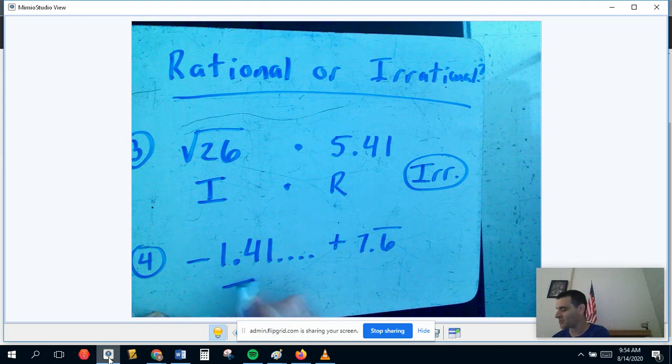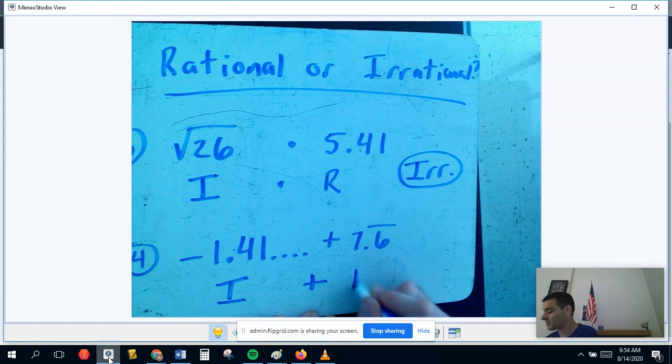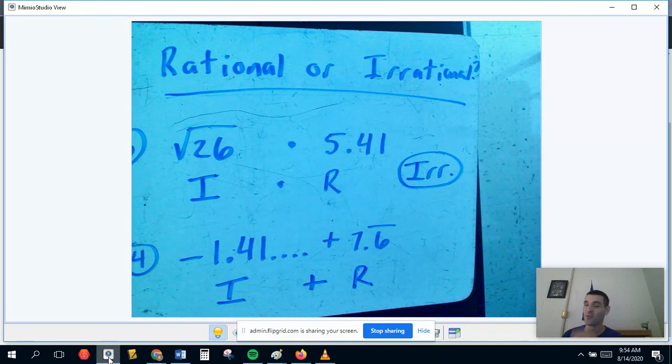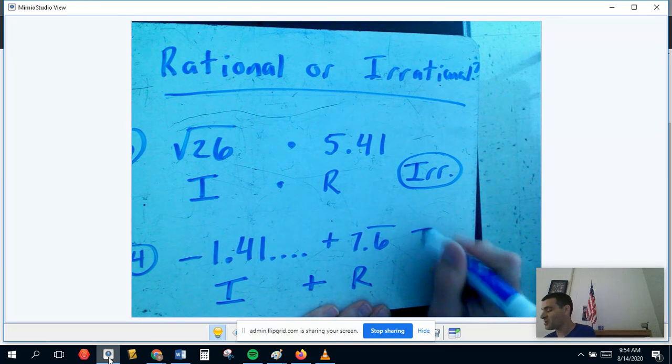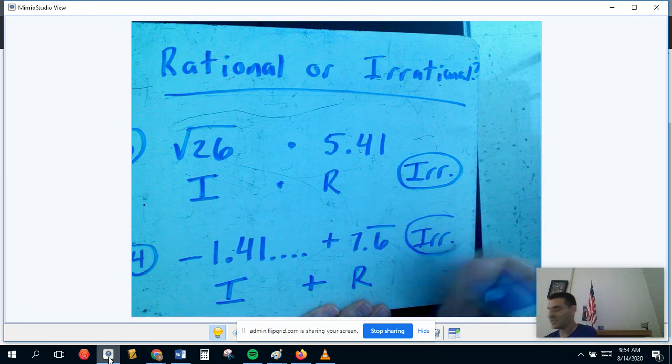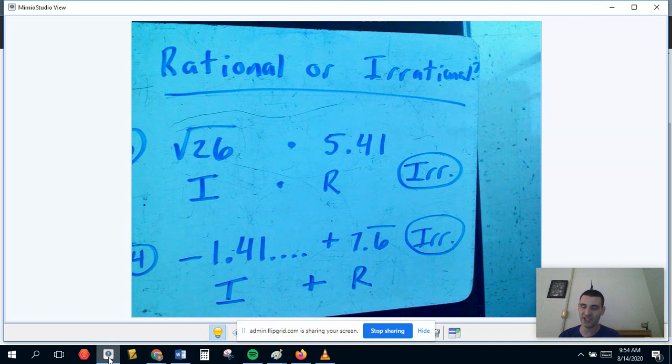So this is irrational plus, now the bar means it repeats, so this is rational. But again, if there's an irrational and a rational, the answer is going to be irrational. The only way you're going to get a rational answer is if both the things you added or multiplied are rational. Rational and irrational numbers.